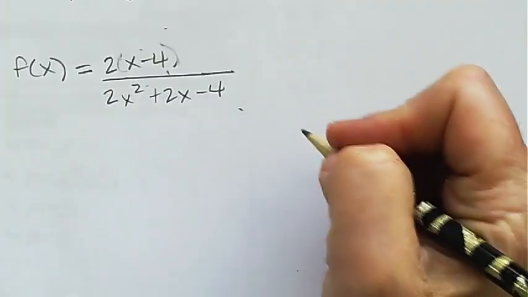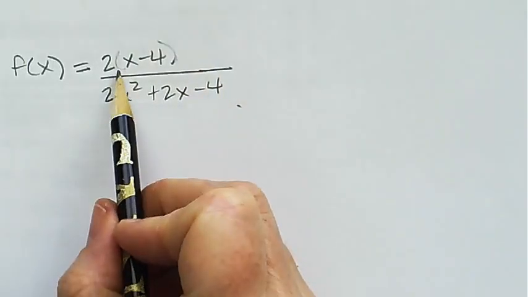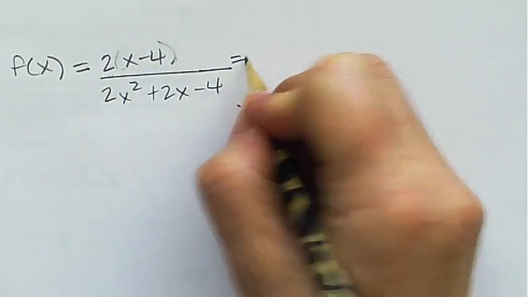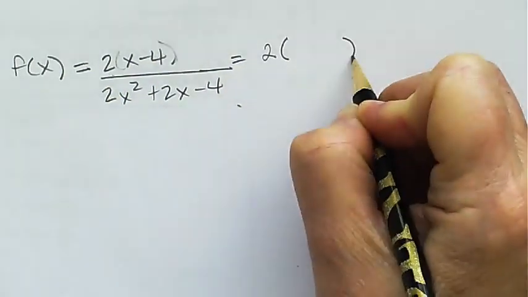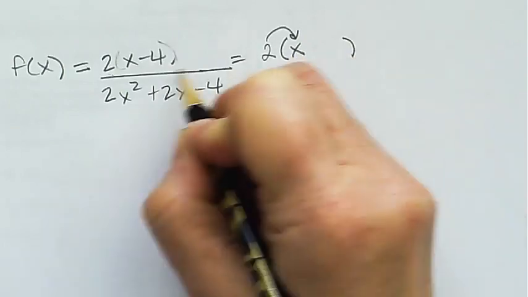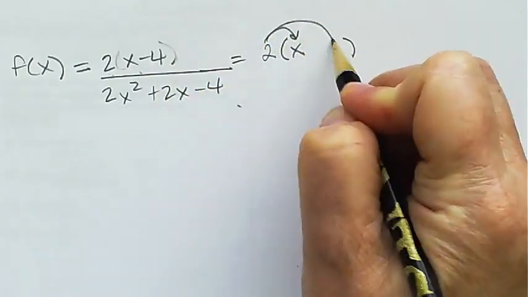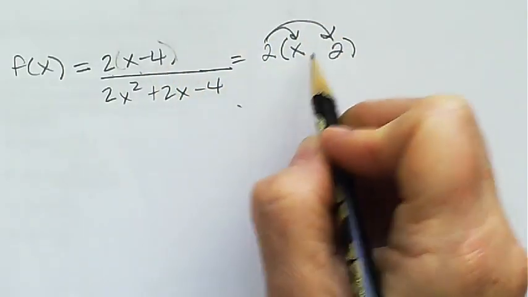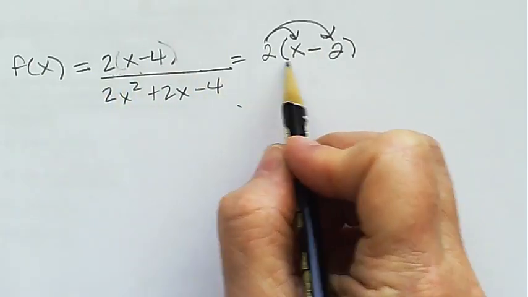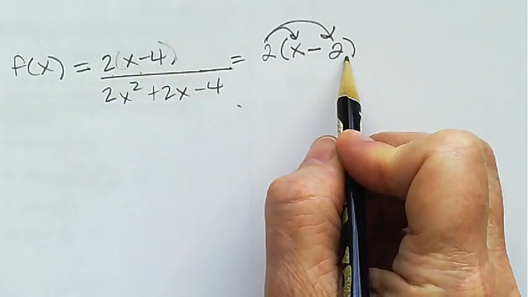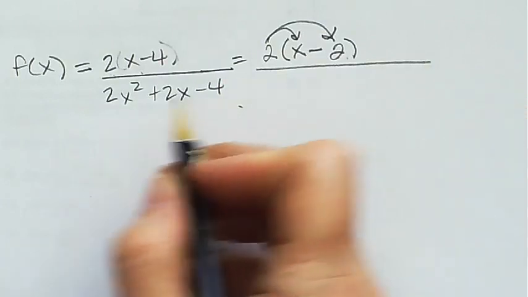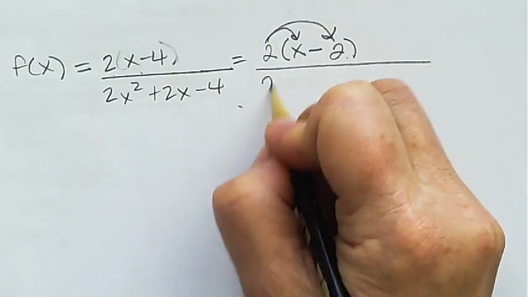But if I were to do this, I would factor out the common factor here. So there's a common factor of 2. 2 times x would be 2x. 2 times 2 would be 4. So this is going to factor into 2 times x minus 2. This has a common factor of 2.